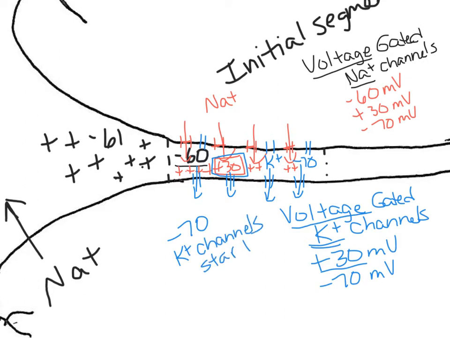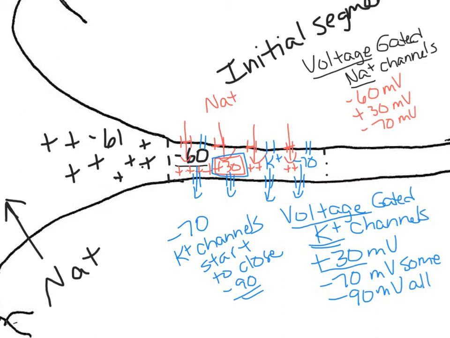And I say start to close because they don't all close at the same time. Some are closing, others are still open, so the charge will dip even lower. It'll go as low as a negative 90. And at that point, all the potassium channels will close. So at negative 70, some close, and at negative 90, all close. Okay? And then the action potential is over.